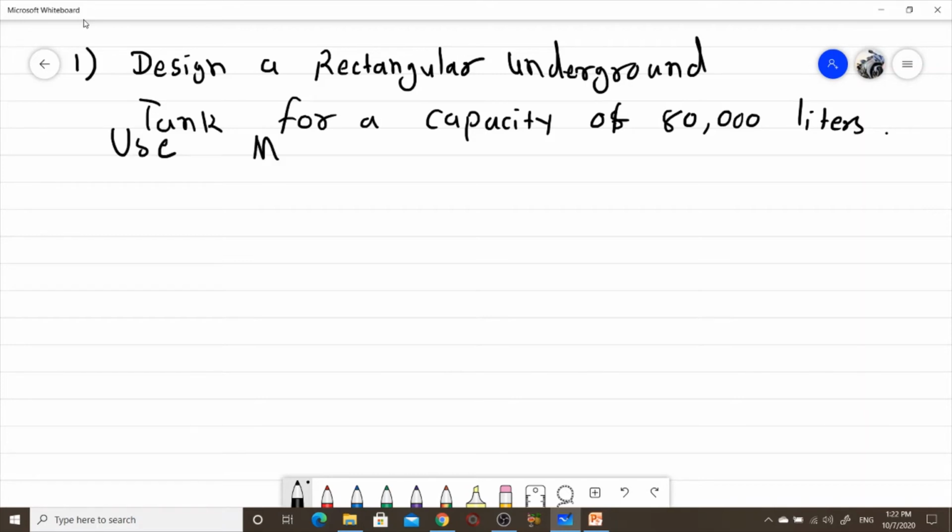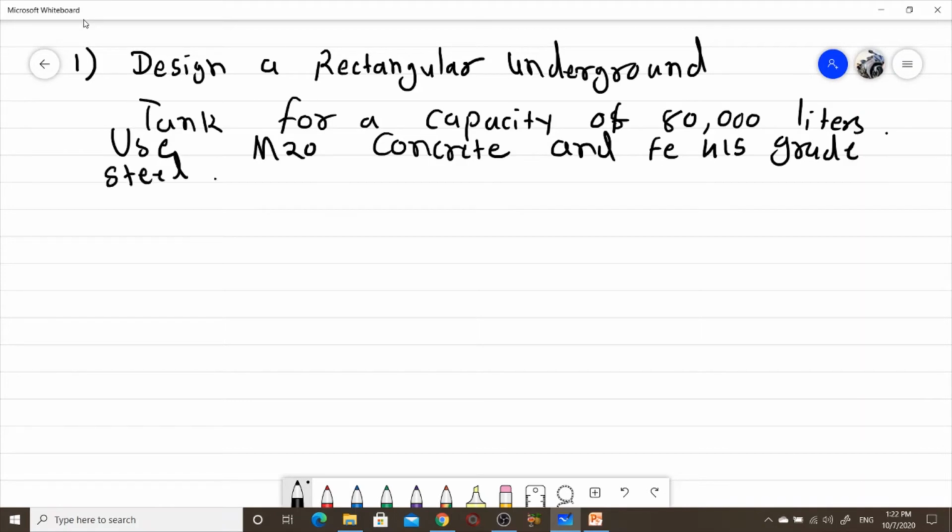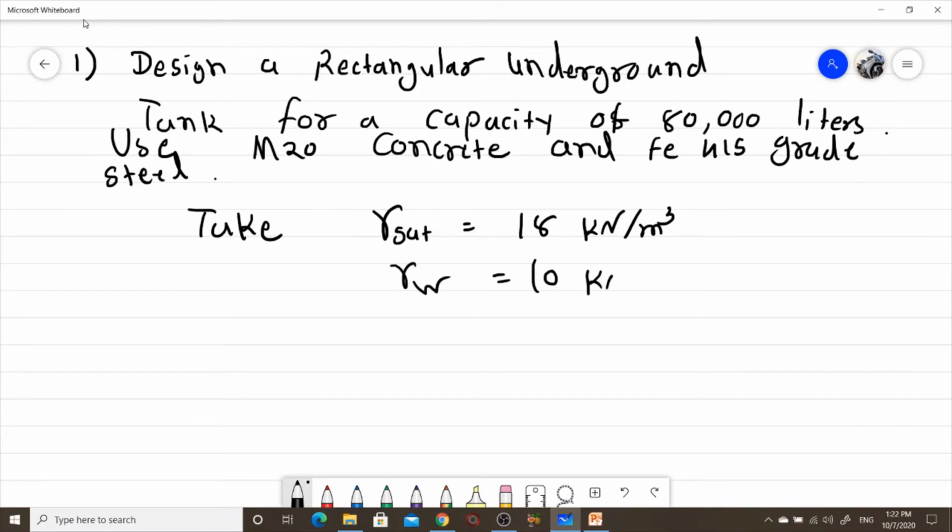Use M20 concrete and Fe415 grade steel. Take gamma saturated is equal to 18 kilonewton per meter cube, gamma W is 10 kilonewton per meter cube, and phi is equal to 30 degrees. So these are given.